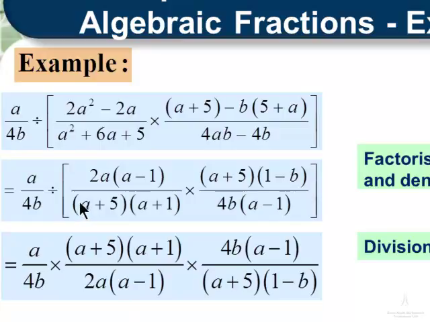So the denominators become the numerators for the product, and the numerators become the denominators as indicated. And of course our division now changes to multiplication. So this is just a product of three algebraic fractions in a normal way. And can you remember how to handle this?